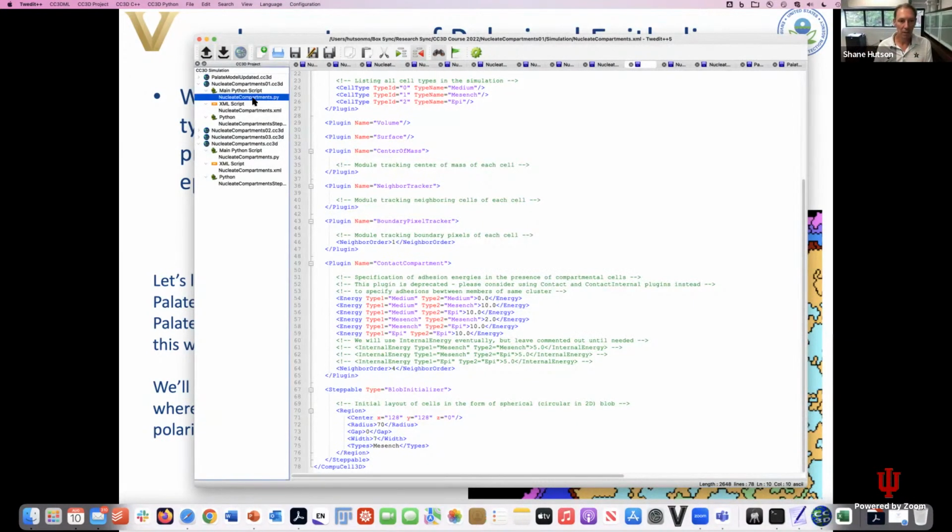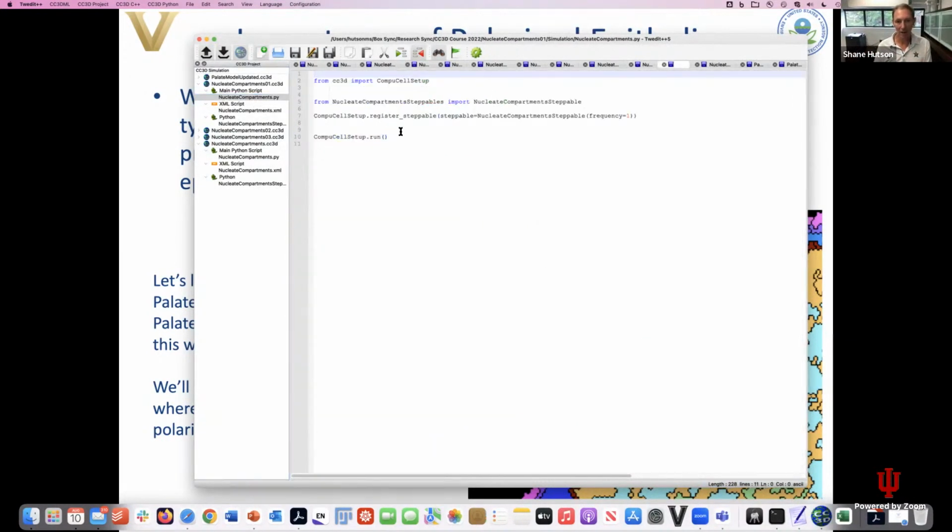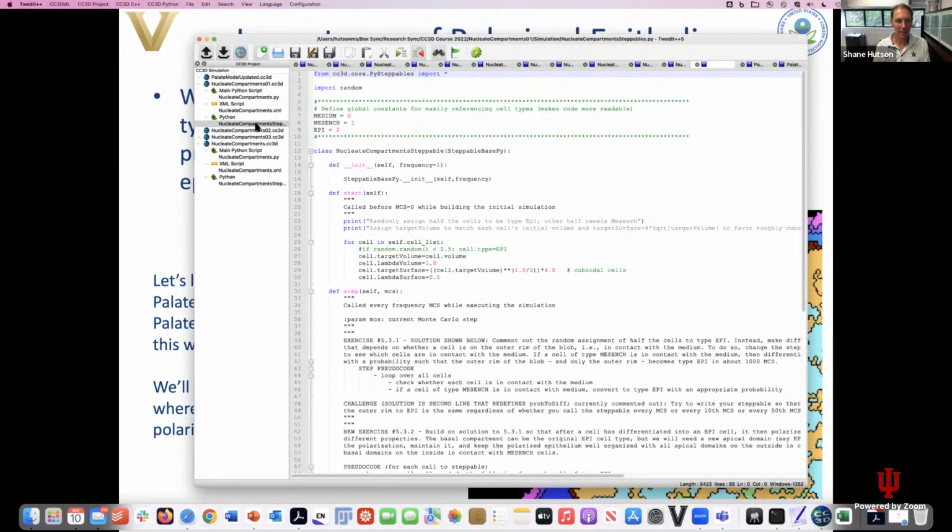There is a NucleateCompartments.py file that's really very simple, and its only job here is to call the steppable file where the real functions are defined. So you can say it imports this NucleateCompartment steppable and registers that and makes sure that it runs every time. And the real heart of everything is in the NucleateCompartment steppable file.